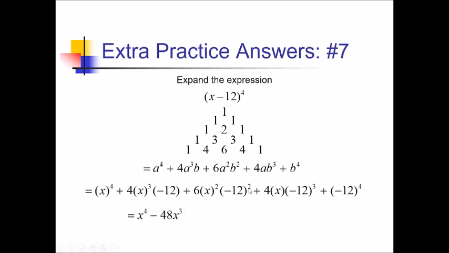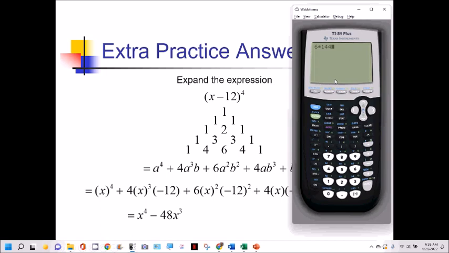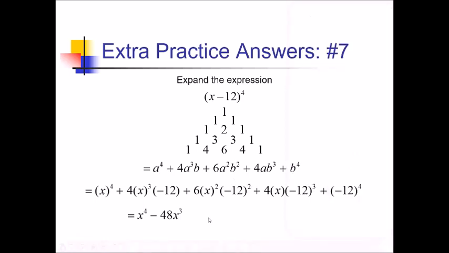Negative 12 squared is 144, but I'm not sure what 6 times that is, so let me go to the calculator. So 6 times 144 gives me 864, and it looks like that's going to be positive because I had an even exponent on that negative there. So 864, and we have an x squared in there as well.